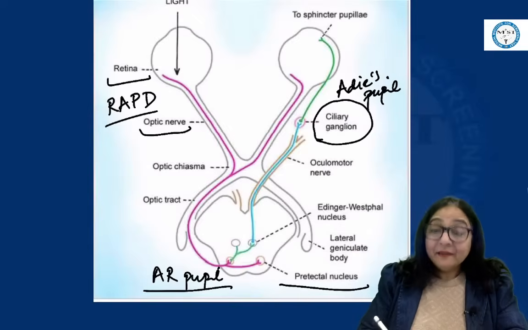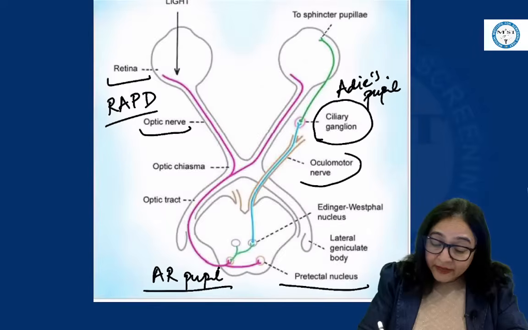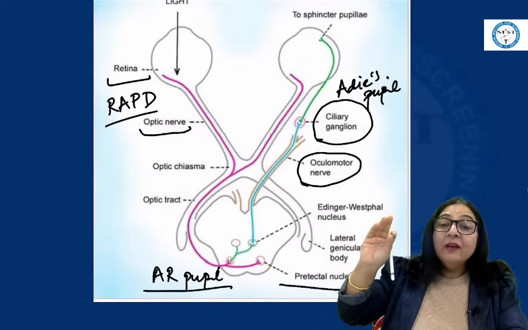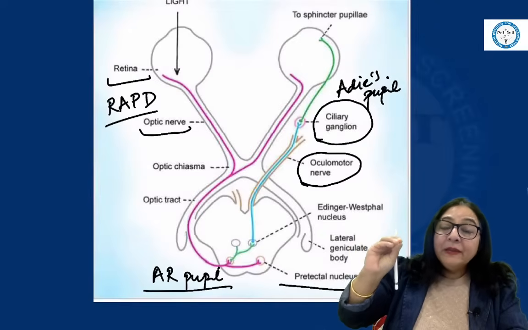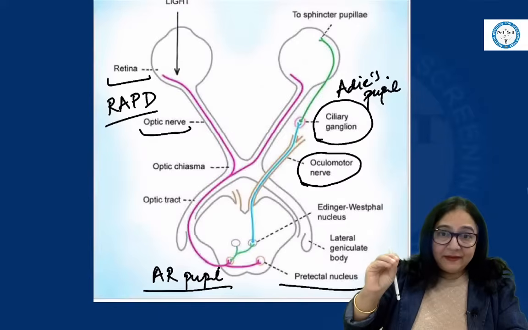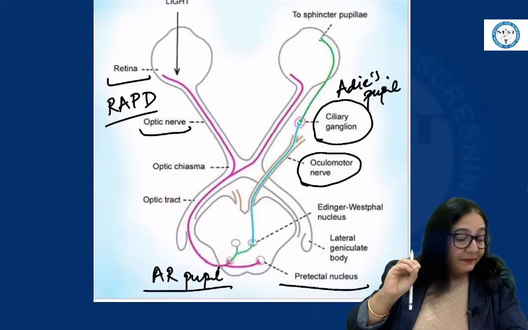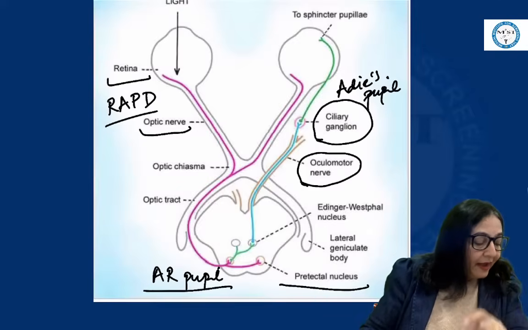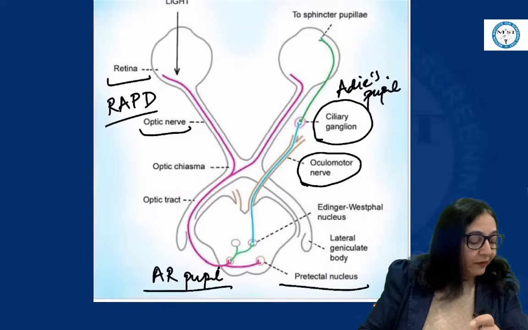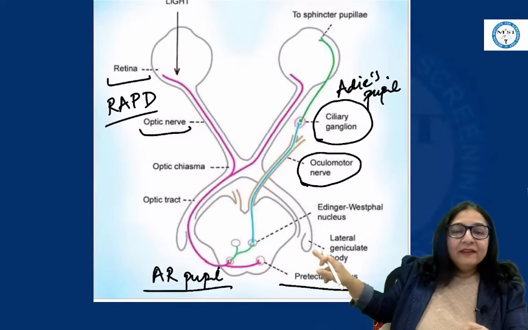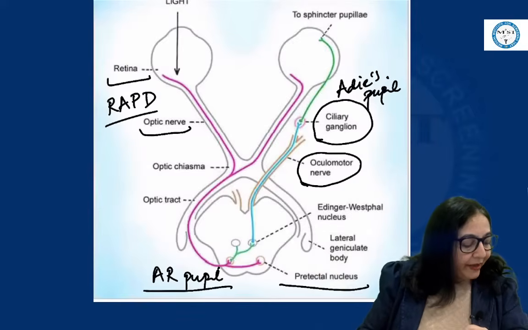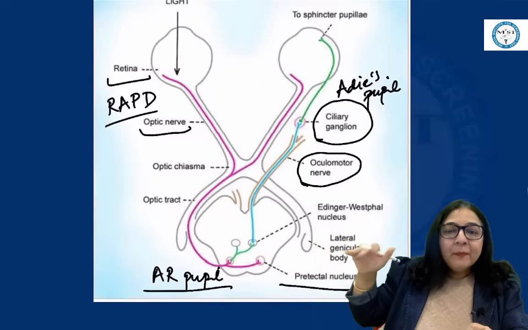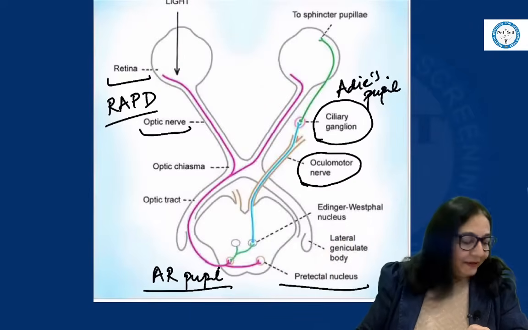Okay, and if the lesion is in the third nerve area, because the third nerve is carrying the fibers for pupillary constriction, in those cases the pupillary reactions will not be present, so the pupil will not constrict. Okay, right? So yes beta, Argyll Robertson is, yeah, you are very right, when the lesion is in the pretectal midbrain area. Okay, so this is kind of revising the other pupil abnormalities which can be there.